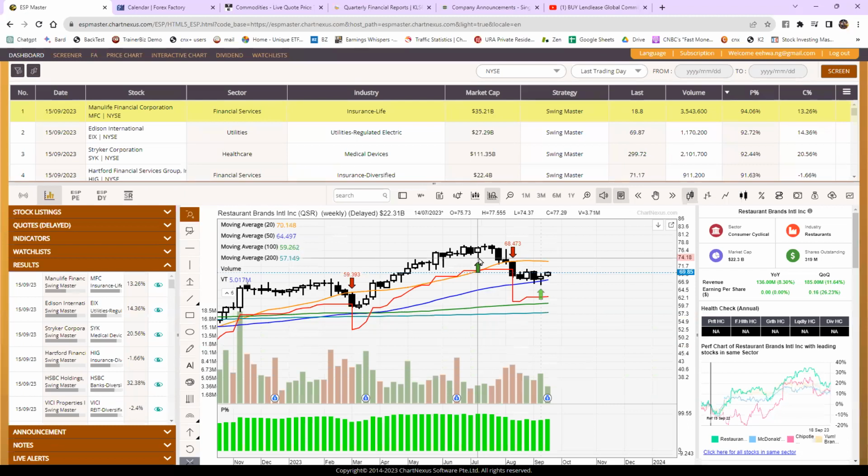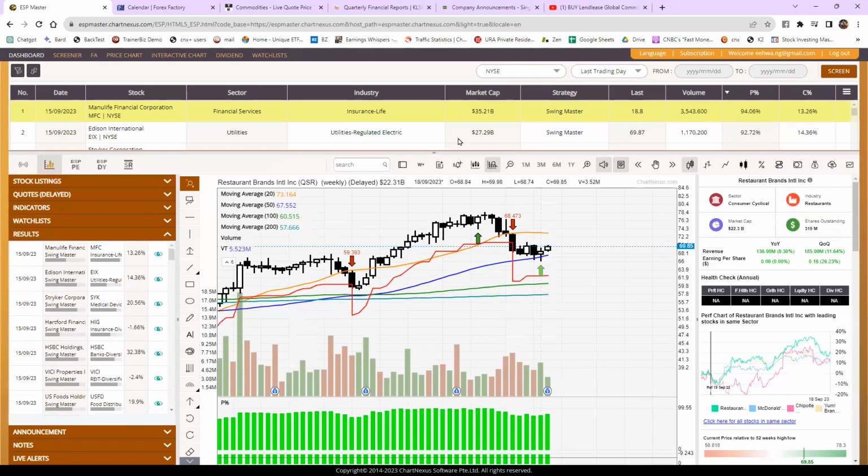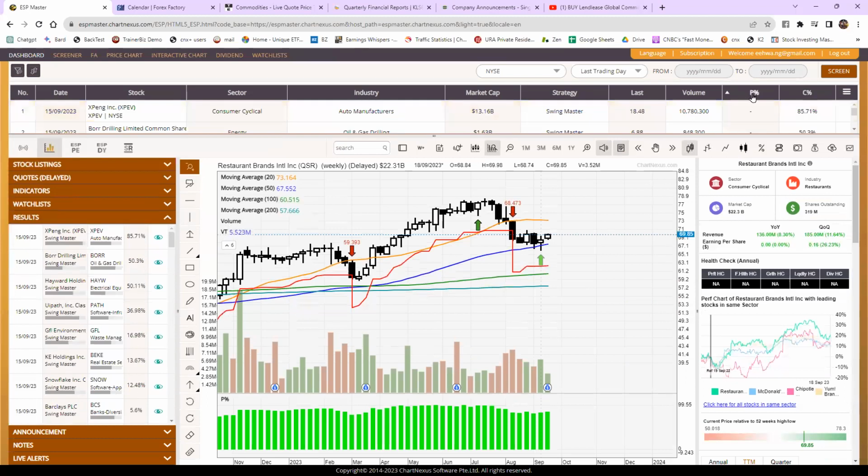After you select the strategy, select the exchange and put it to the last trading day. You will notice that the date is the 15th of September because it is last Friday. We are looking at the weekly candle close, which is on the Friday. If you go through the list of stocks, make sure you sort by the percentage, guys. This is something new that we didn't have years ago.